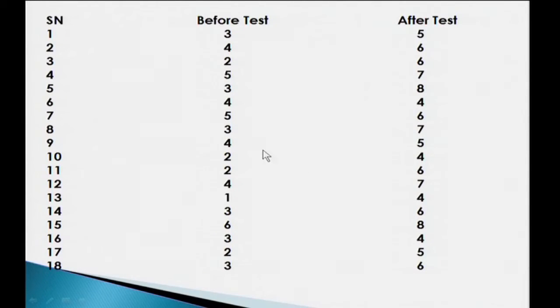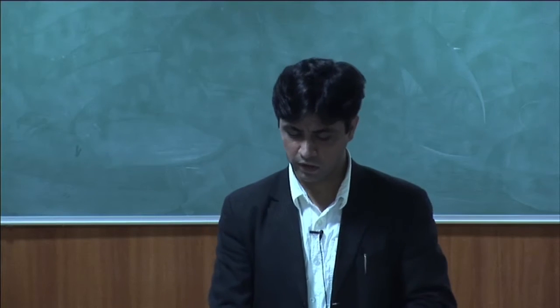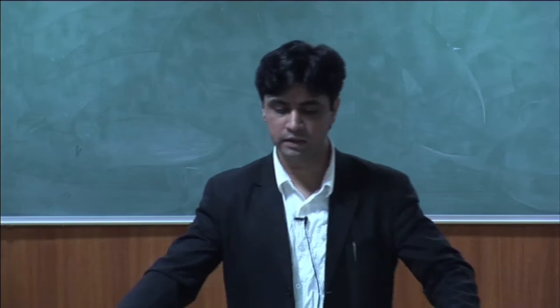You cannot compare the rating given by, say, customer 10 before the test drive to the rating given by customer 13 after the test drive. The rating has to be compared for the same customer, before the test drive with his own rating only. If that is the case, we call this a pair t-test or dependent samples.